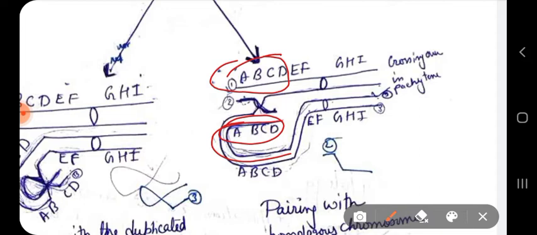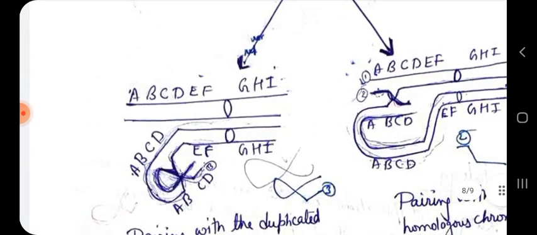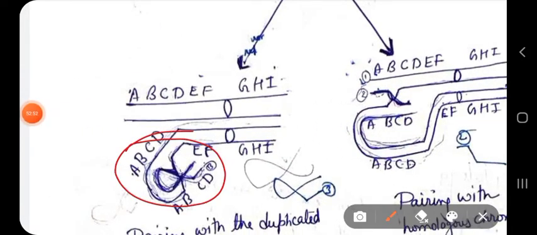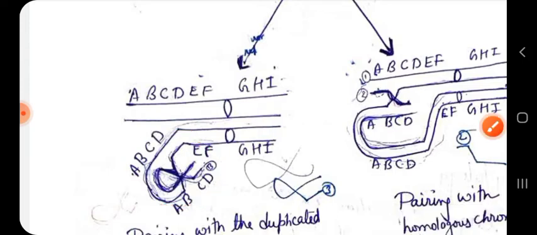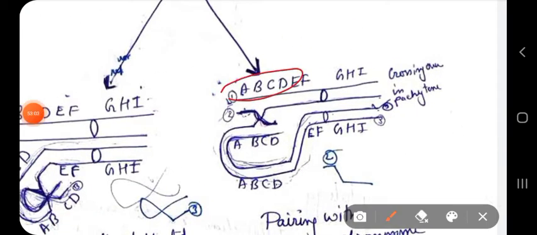So during reverse tandem duplication, the extra chromosome segment which has been tandemly located in the reverse orientation folds back and may try to pair with itself, that is, with the additional segment of the same chromosome, or it may try to pair with its corresponding segment on the homologous chromosome.